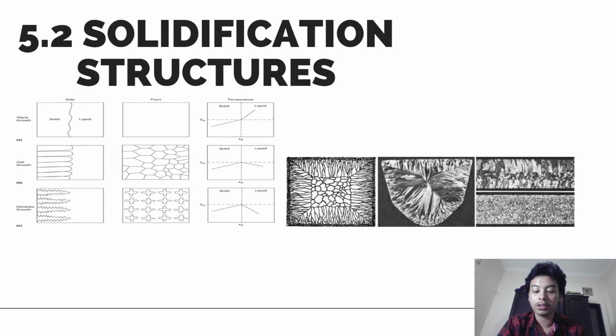The initial spikes that form remain isolated at first because as they grow by solidification, they release their latent heat of fusion into the adjacent liquid, causing a localized increase in temperature. Consequently, parallel spikes of almost equal spacing advance into the liquid.